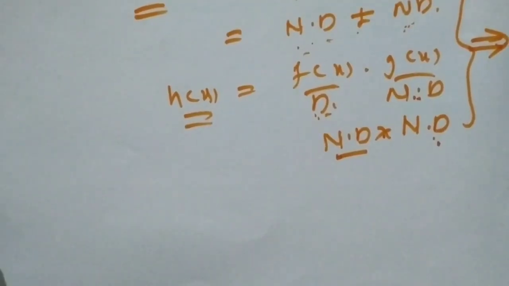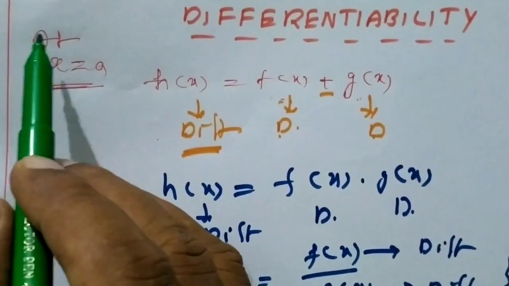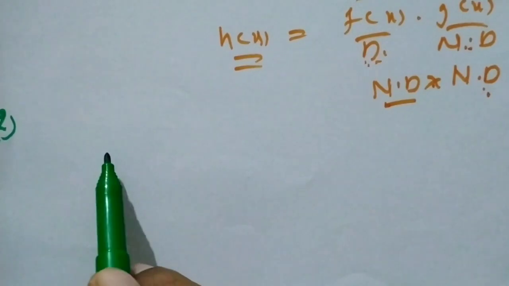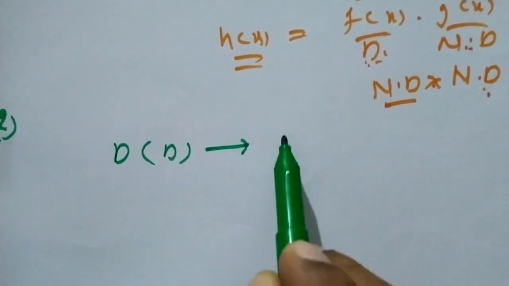Also we notice a second point, let us say this is point 1, the first point. If you consider a differentiable function of a differentiable function, the composite function is always a differentiable function.